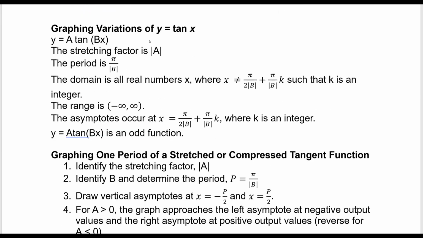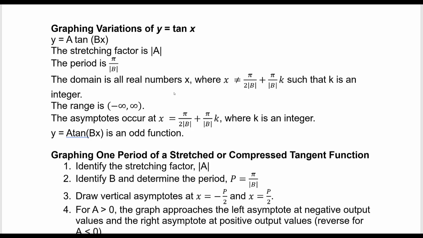So, graphing variations of y equals tangent x, y equals a tan bx. The stretching factor is the absolute value of a. The period is pi over b, so not 2 pi over b like we saw in sine and cosine, but pi over b. The domain is all real numbers x where x is not equal to pi over 2 absolute value of b plus pi over absolute value of b times k, such that k is an integer. So we get our vertical asymptotes every pi over b.